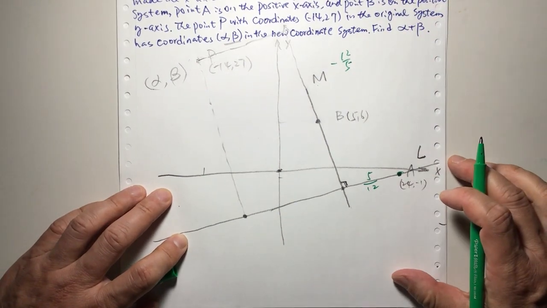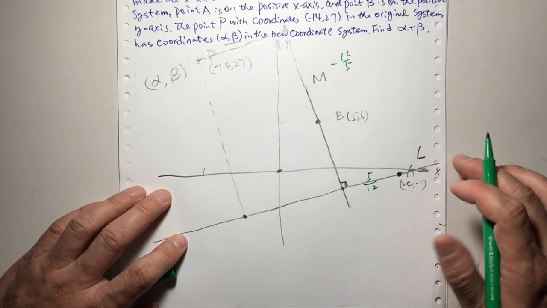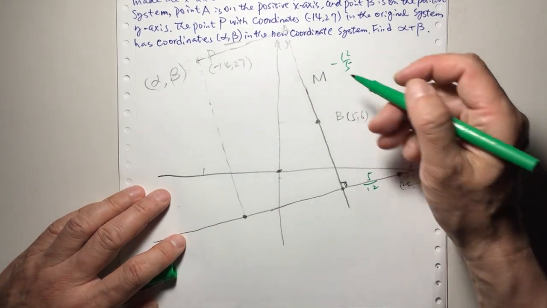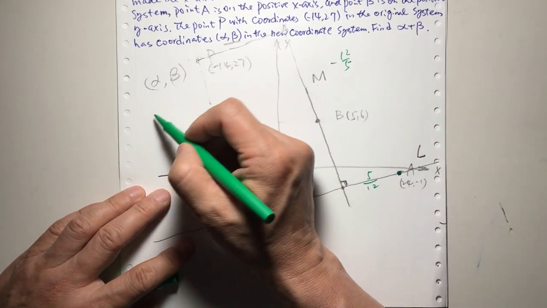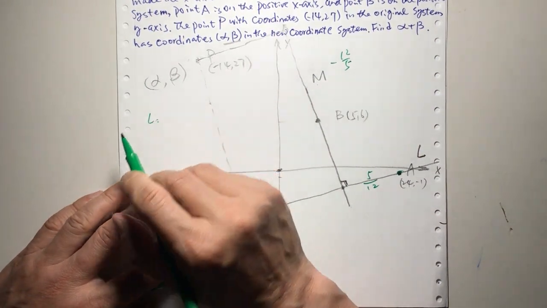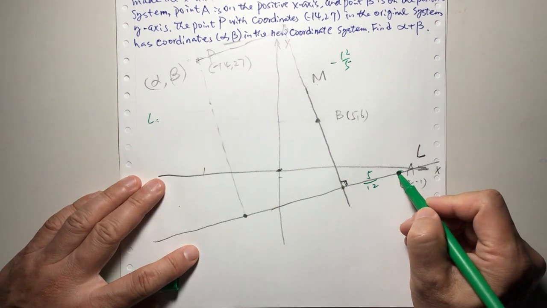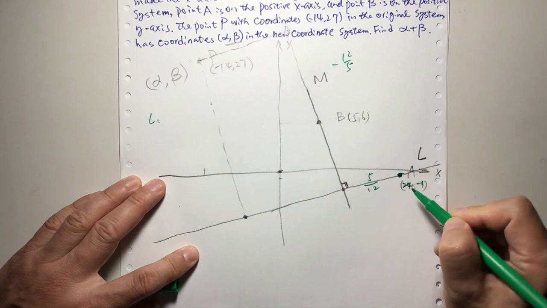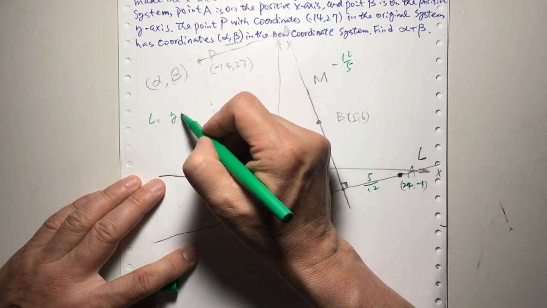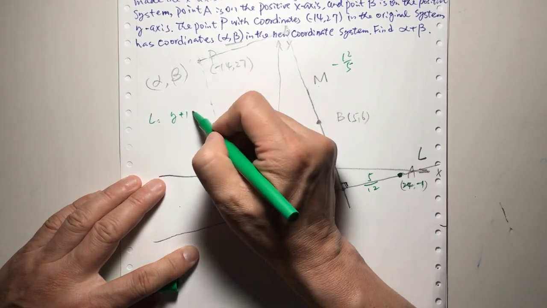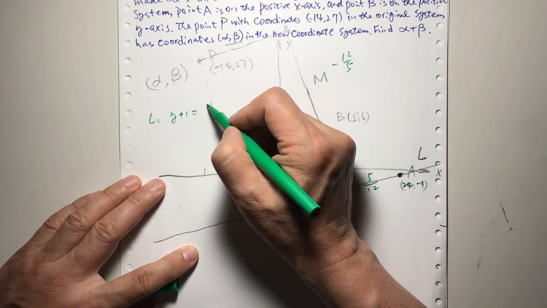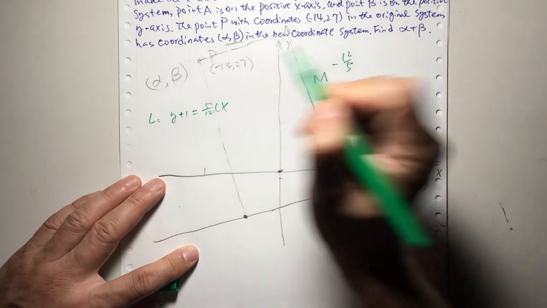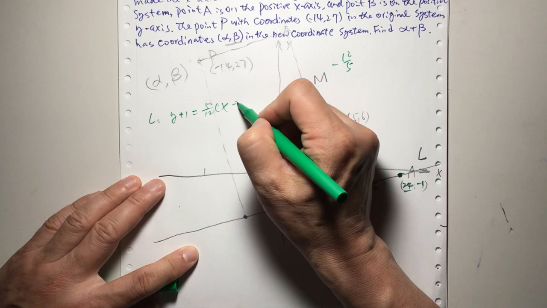The equation for line L: y minus -1, so y plus 1 equals 5/12 times (x minus 24).